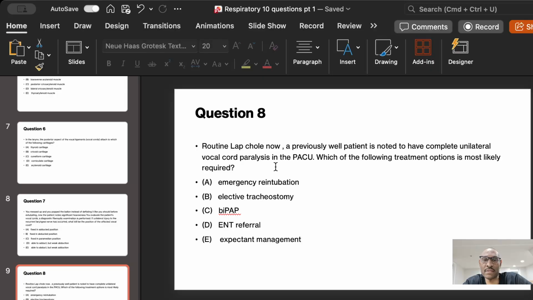Routine lab choline. Previously well, patient is noted to have complete unilateral vocal cord paralysis in the PACU. Which of the following treatment options is most likely required? Okay. Go ahead and get this here.